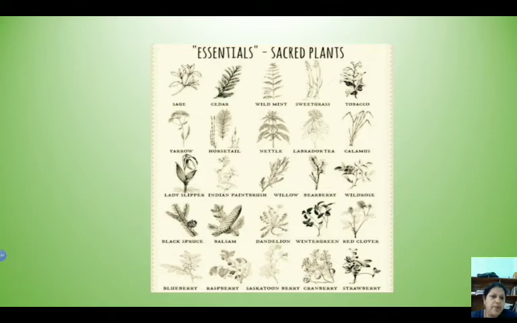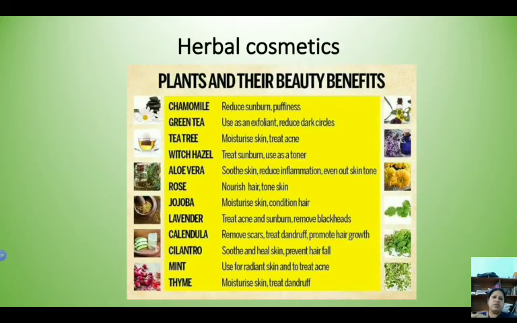Willow, bearberry, wild rose, black spruce, balsam, dandelion, wintergreen, red clover, blueberry, raspberry, saskatoon berry, cranberry, and strawberry. So these depend upon the availability in that place. In that place it is being worshipped. So these are all called sacred herbs.